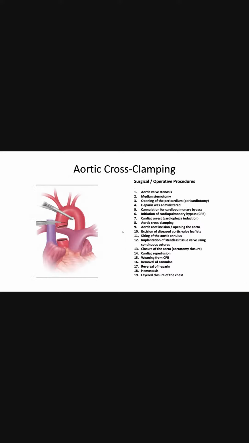So that is why the heart is arrested. Also, they go ahead and stop the blood flow from the heart, and they do this with cross clamping. So they clamp the aortic valve, which is the largest, excuse me, aortic, this is not the valve, this is the artery. So they cross clamp the aorta, the largest artery.